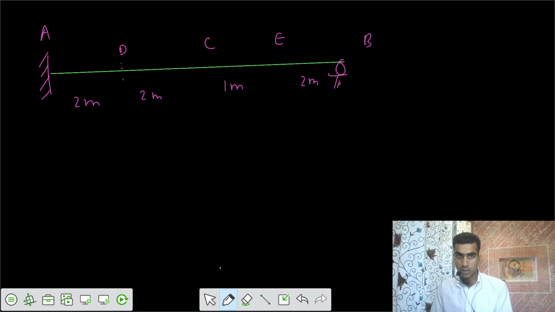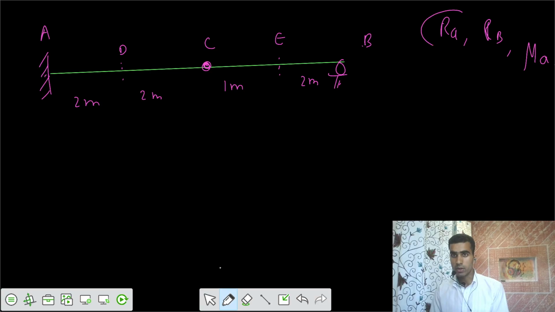We have this D, we have this hinge C, we have this E. We need to get reaction at A, reaction at B, and moment at A, the ILD for these stress functions.